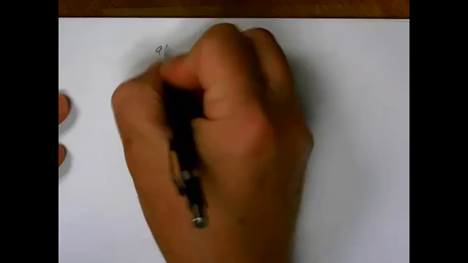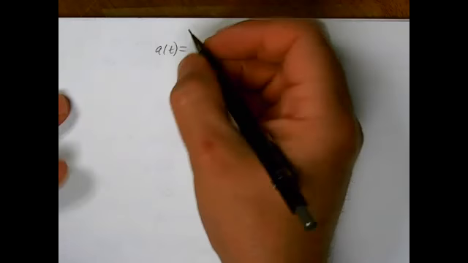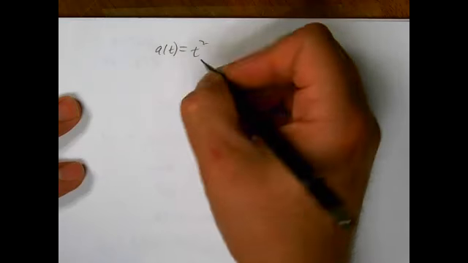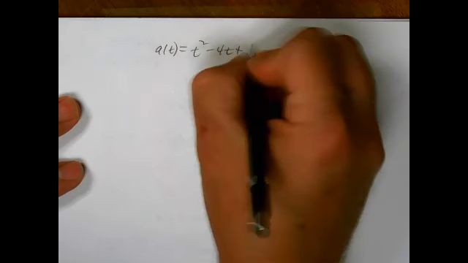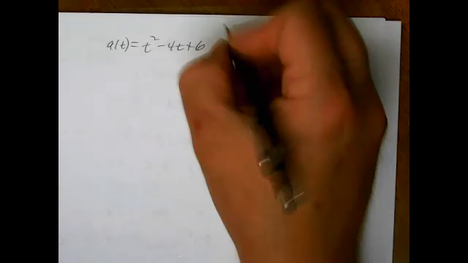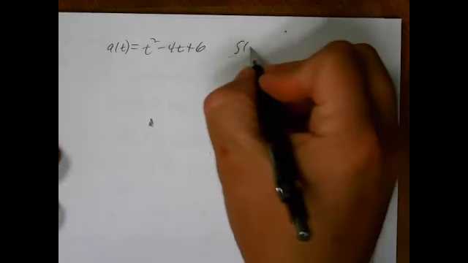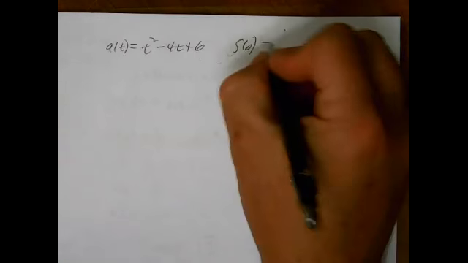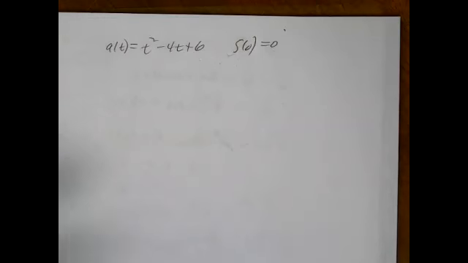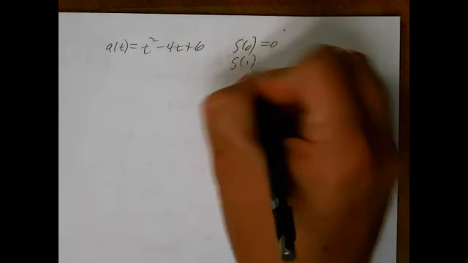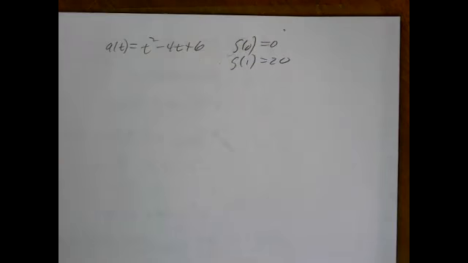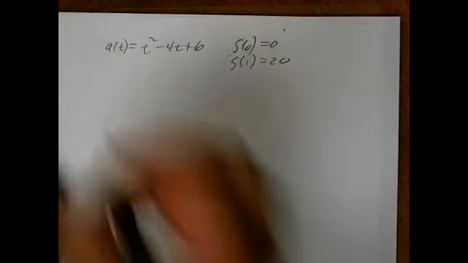For example, if you are told that acceleration at time t is equal to t squared minus 4t plus 6, and you're told that the position at time 0 is equal to 0, in other words, starting from maybe like an origin, all right? And you're told that position at time 1 is equal to 20. Find the position function.